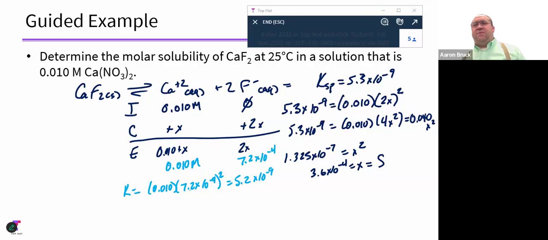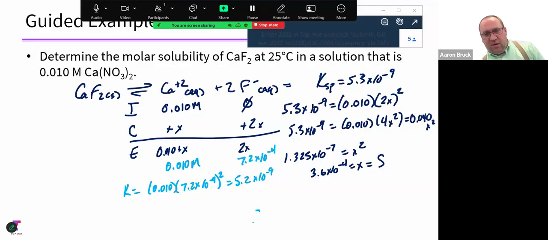This is just one of those things because we are dealing with a more complex equilibrium than x times x, we can't just assume that the 5% is always going to hold up here. So the question is, what is the molar solubility? Molar solubility is 3.6 times 10 to the negative 4th molar.